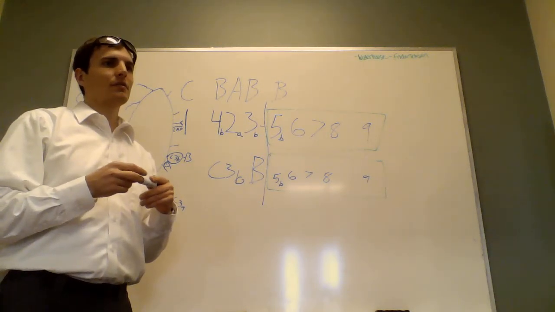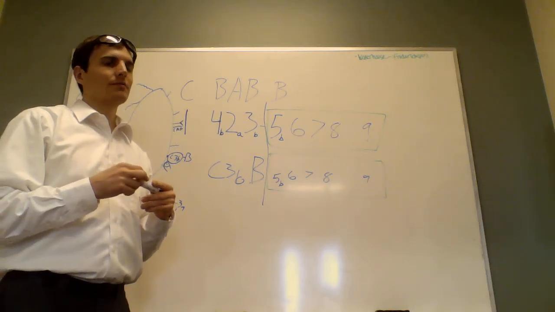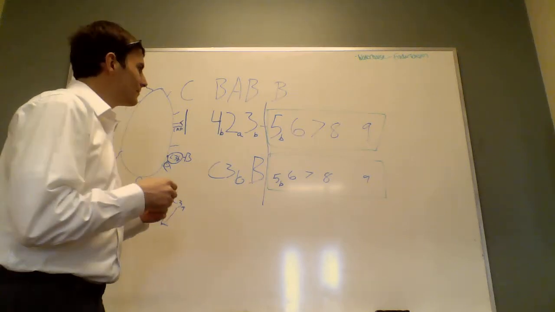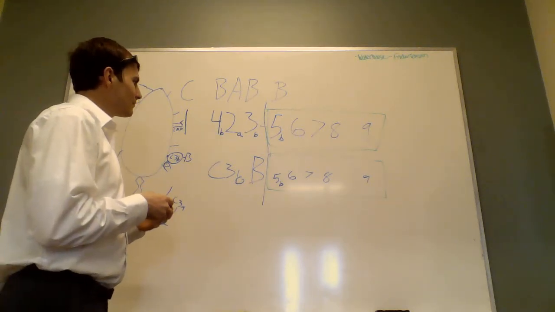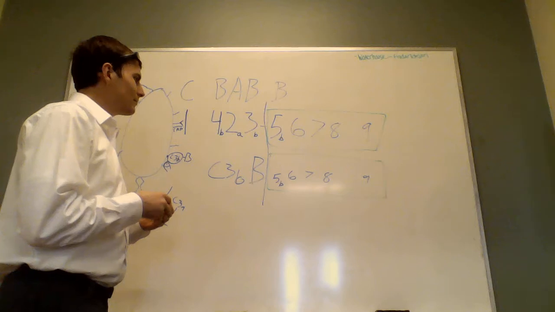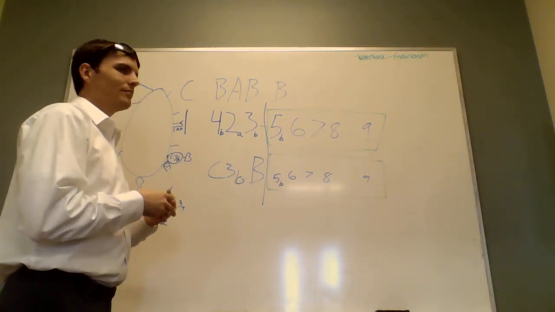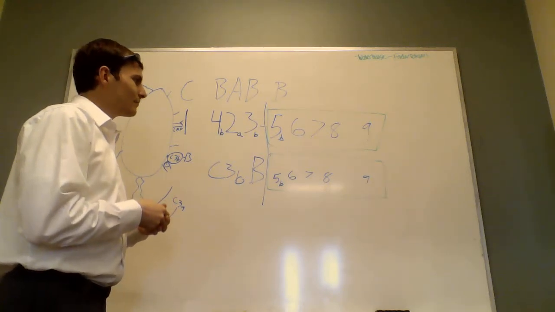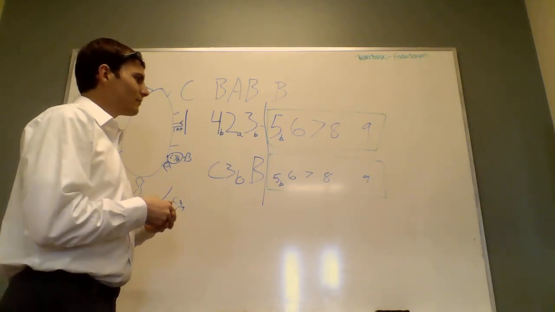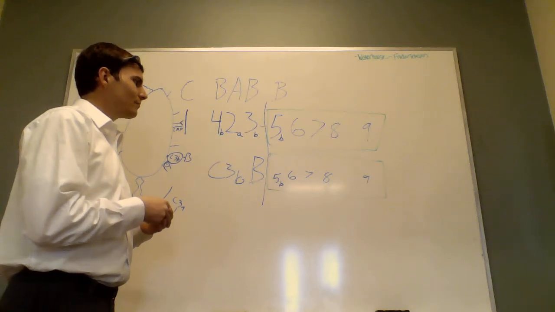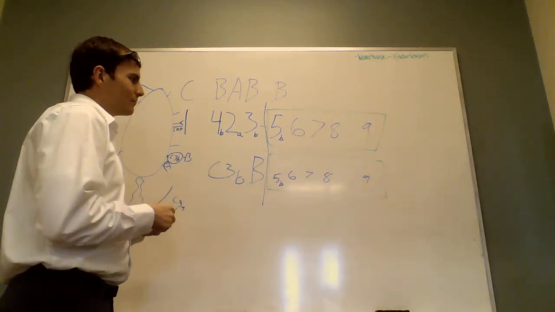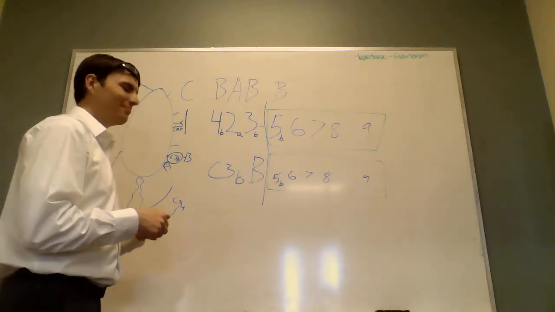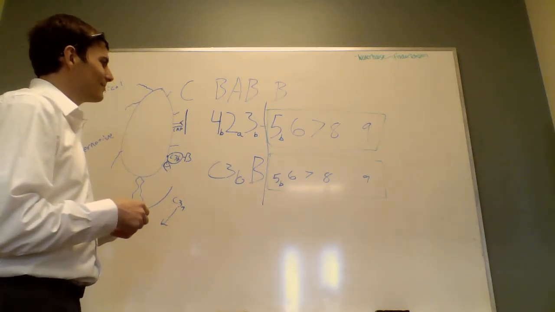And then the alternative cascade: C3, the little b, and then the big B comes along, and then 5, 6, 7, 8, 9 is exactly the same as in the classical cascade once the big B comes and attaches to C3b.